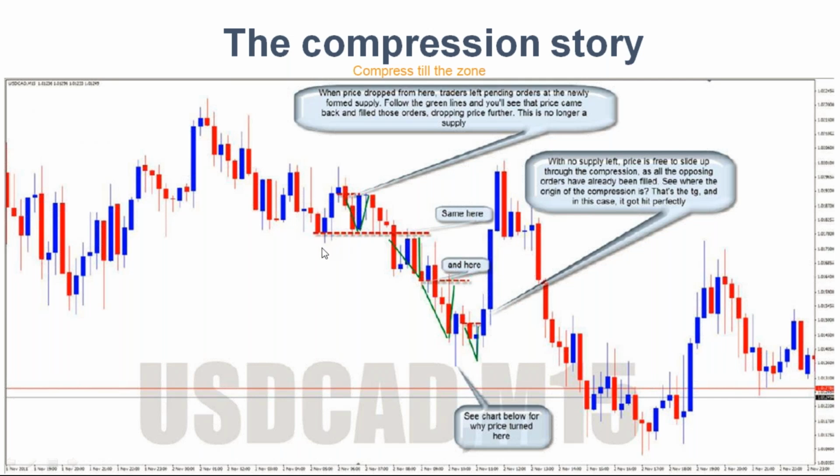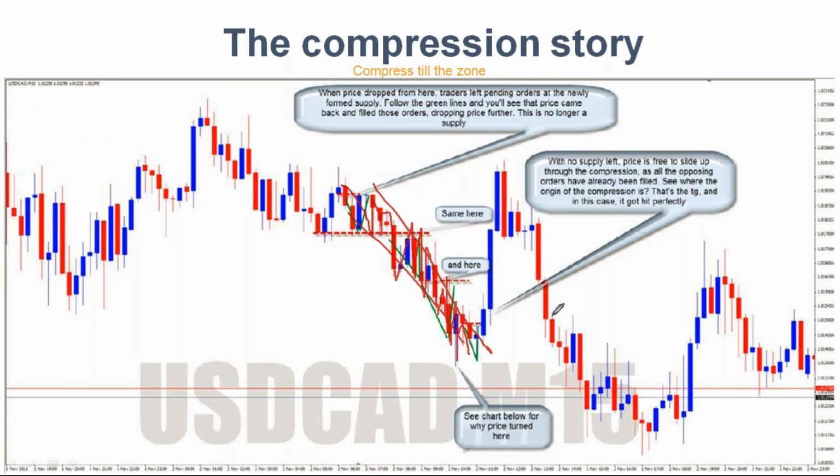Price came here. See what it did here. It elegantly did the same thing. The price formed a base, again came down, went up, came down, went up, down, up, down, down. Then again went up, down. See, it's all compression only.